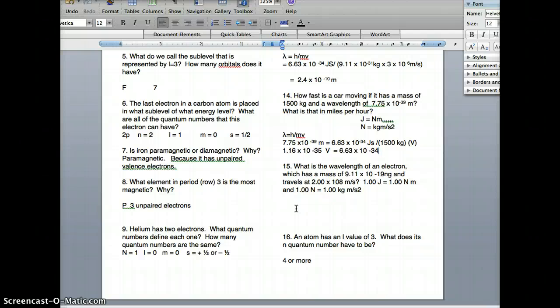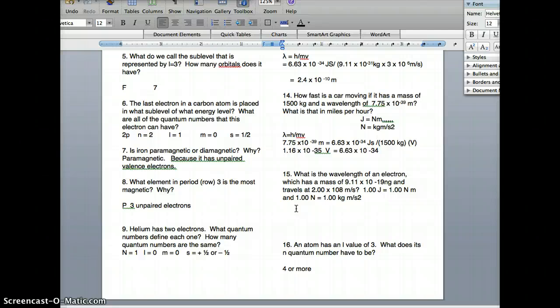So doing that, I get 57.1. And the unit would be meters per second.